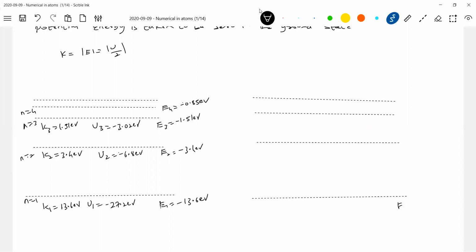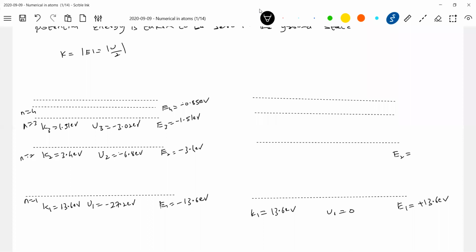So first you calculate: when you add that much energy, this will become plus 13.6 electron volt. Kinetic energy as it is, this will become 0. To make the potential energy 0, you have to add that much energy. The question says you should make the potential energy 0.